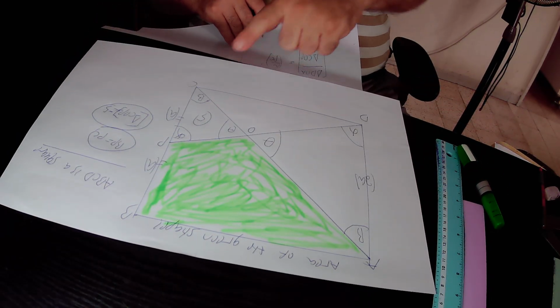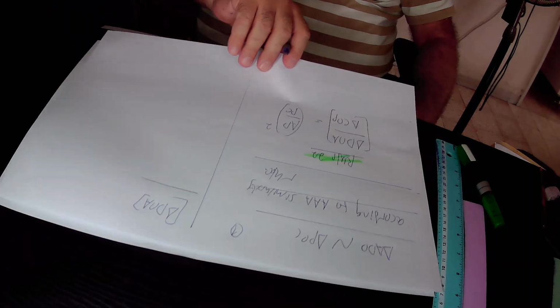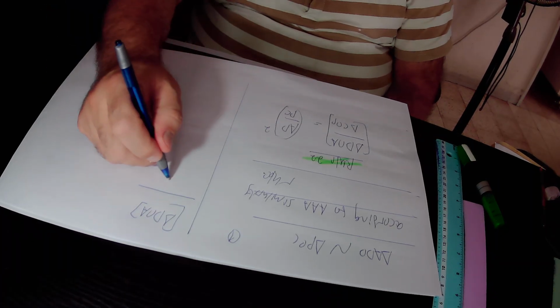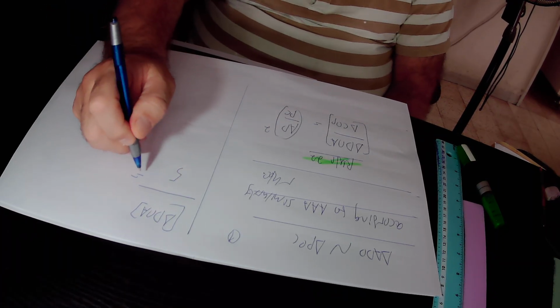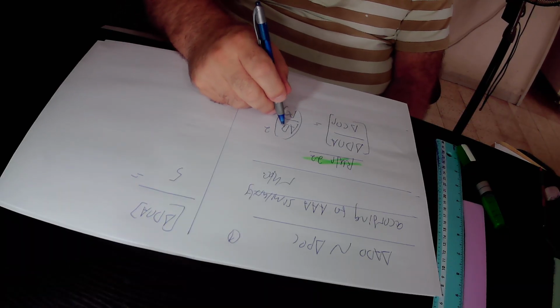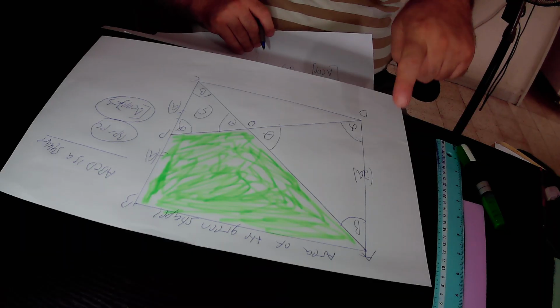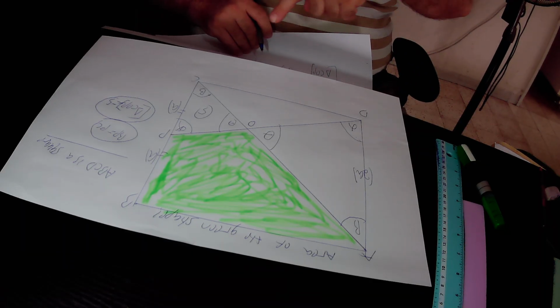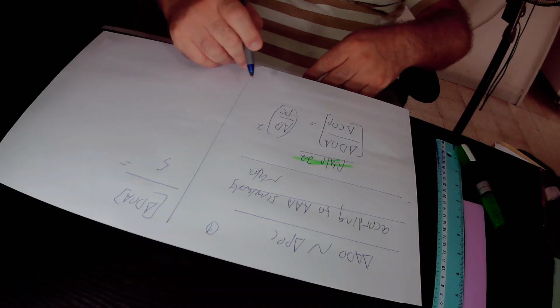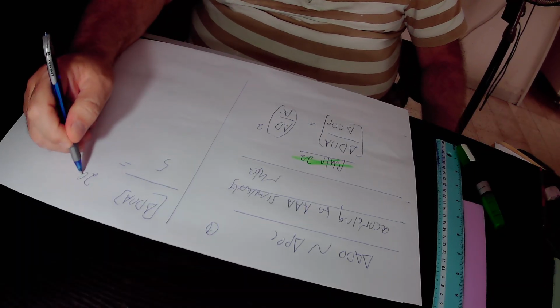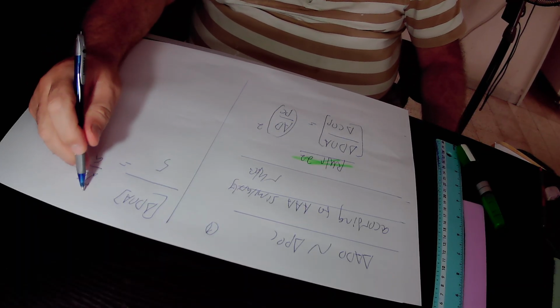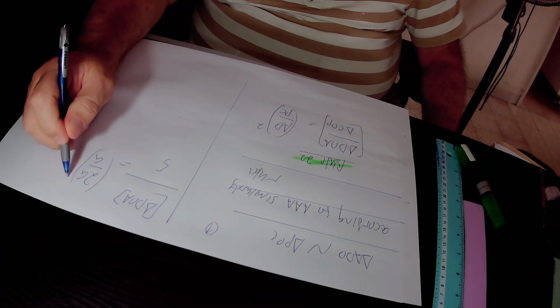This triangle COP is 5 square units, so we substitute the area of triangle COP by 5, and it is equal to AD over PC, squared. AD is 2A and PC is A.